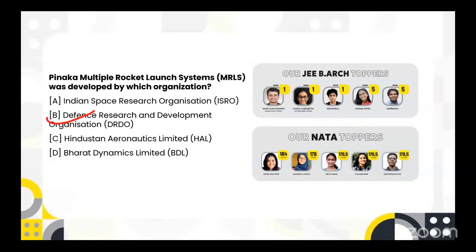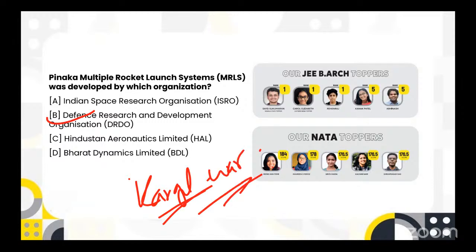Okay, so now the Defense Ministry has signed an agreement of around 10,000 plus crores to acquire these systems. It's an all-weather artillery weapon system. This was first used in the Kargil War, which happened in 1999, to neutralize the enemy position.